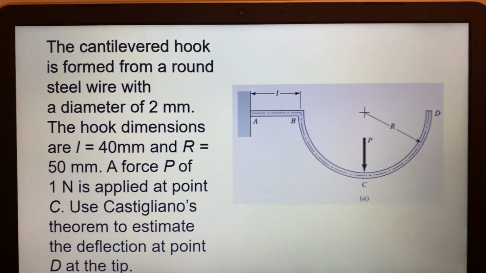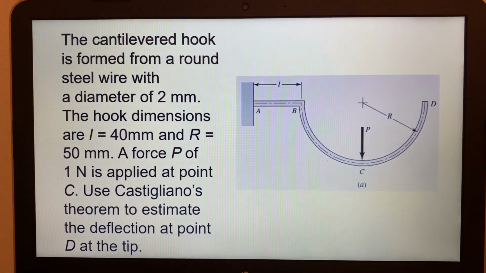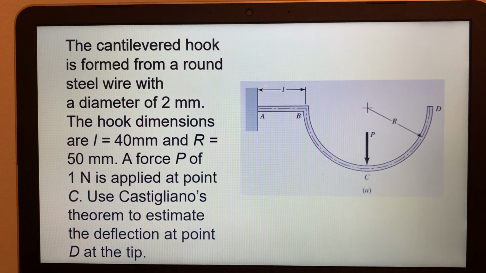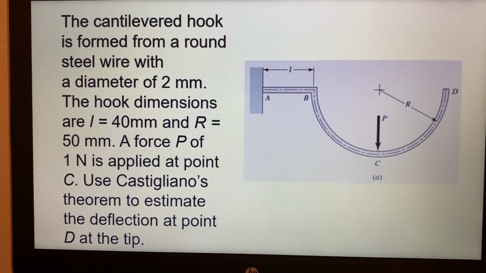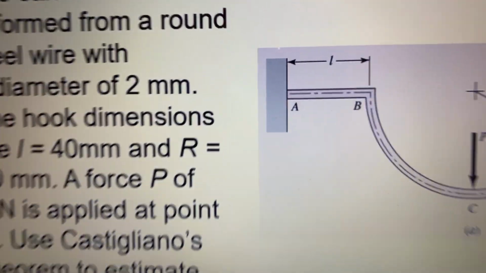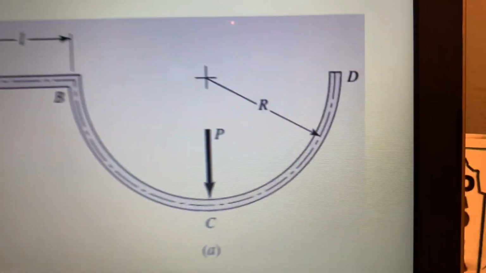So let's take a look at this example. We have a cantilevered hook. It's formed from a round steel wire with a diameter of 2 millimeters. Hook dimensions: L is 40 millimeters and R is 50 millimeters.